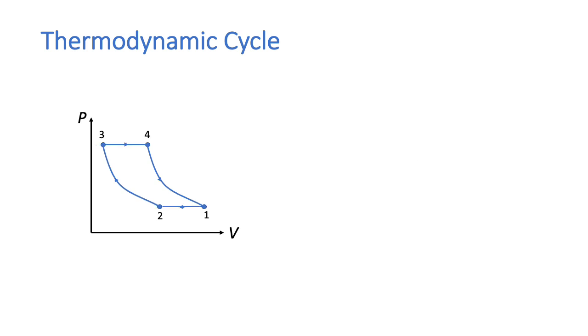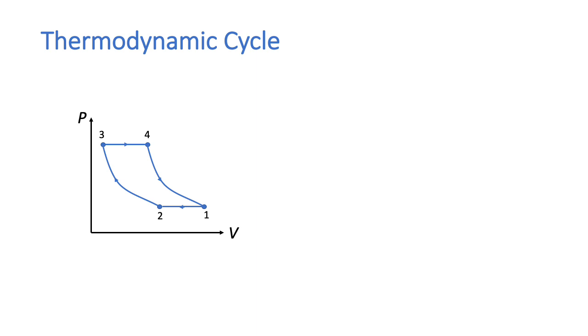Now we could have a more complicated cycle. So this is a cycle which consists of 4 processes. There's a constant pressure process from 1 to 2, and we could do that by cooling the system. 2 to 3 is a compression process. 3 to 4 is another constant pressure process, which we could do by heating the system.